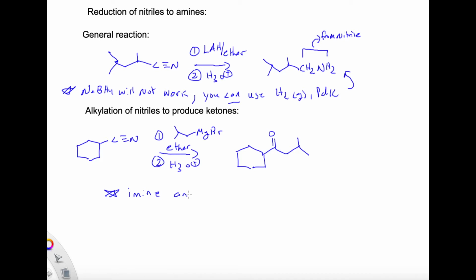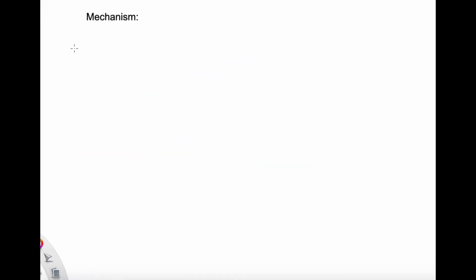Now, again, remember that a Grignard reaction is under strongly basic conditions, and so we're going to go through the first intermediate that we talked about, which is the amine anion intermediate. So that's really going to be the result of the first step. Let's look at how all of this works, and investigate how our Grignard reagent is going to alkylate this to give us a ketone.